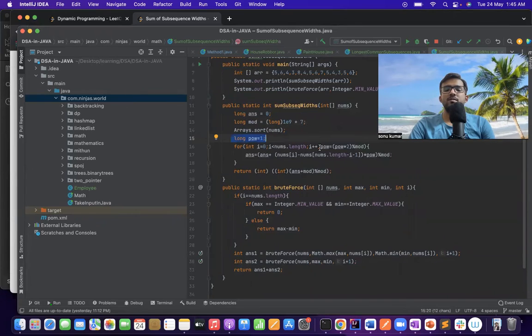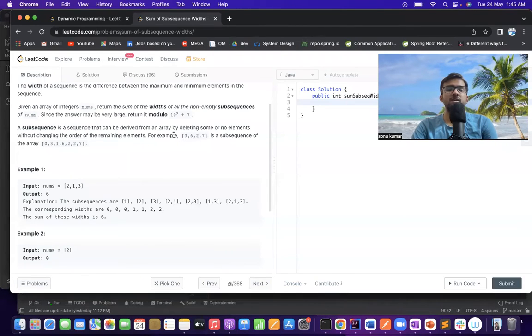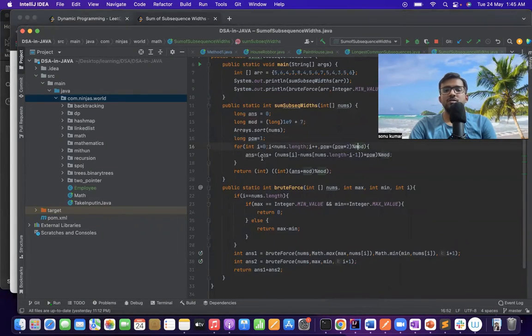Here I have traversed all the elements and updated the power at each step. I'm doing mod because the question itself mentions that you need to take the mod 10 to the power 9 plus 7, because the answer is going to be very large. After that, I'm updating the current answer with the difference between the ith element and the ith element from the last, and multiplying by the power.